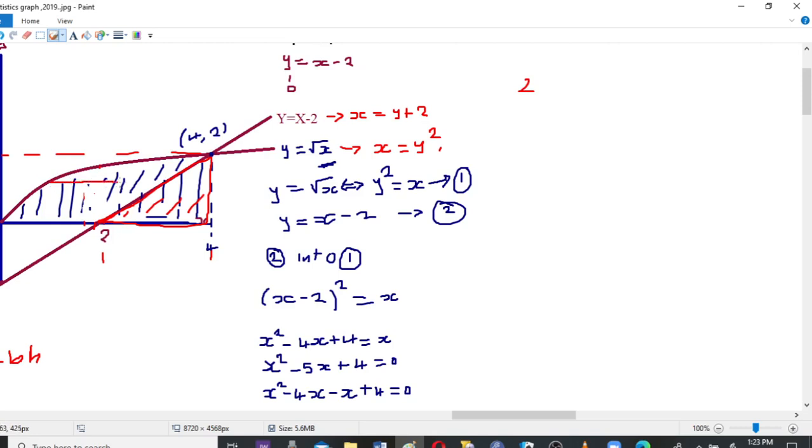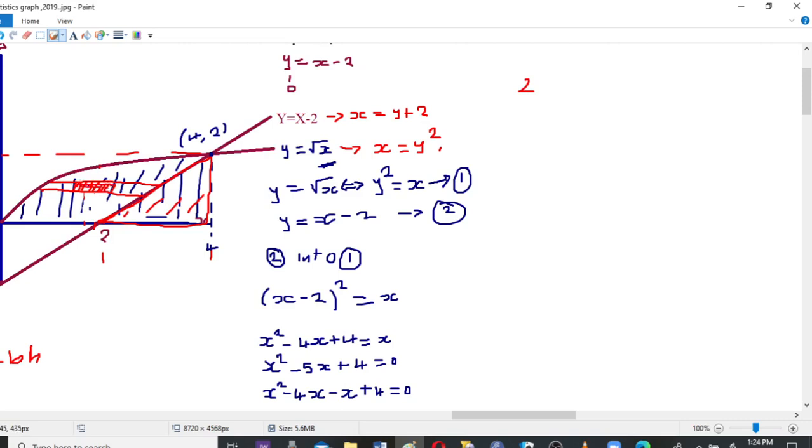In the x-axis, the limits are coming from the graph, which is y is equal to x minus 2, which we have changed to be the x limits, x is equal to y plus 2. That means we are using the horizontal bar strip. You can find out more information about a bar strip when it comes to integration, or you can comment on this video and I can create one for you to explain more on that.